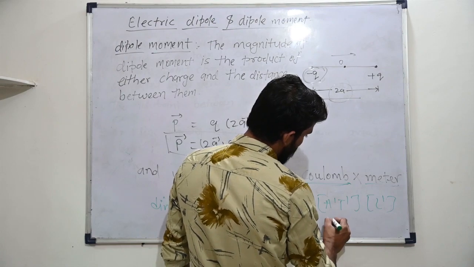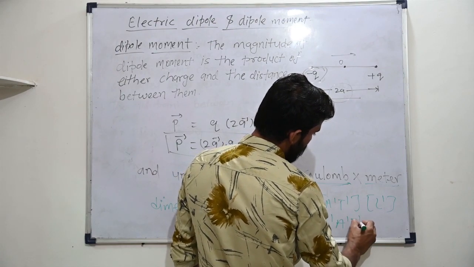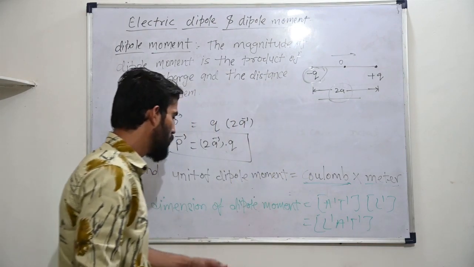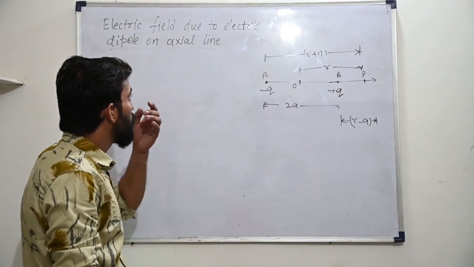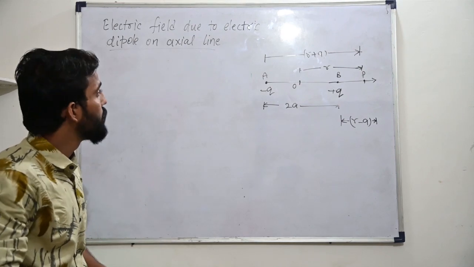So L1 A1 T1 is the dimension of dipole moment.